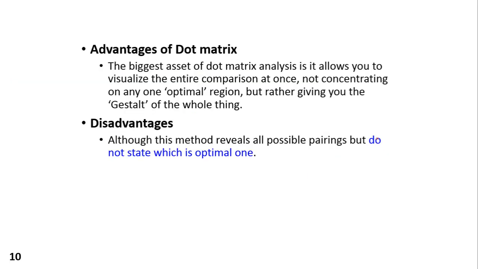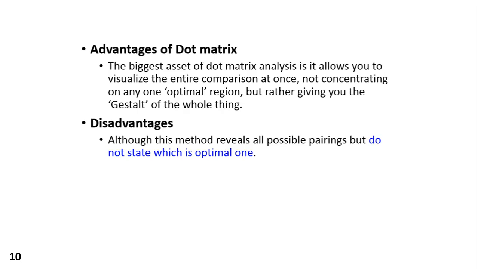This is the simple concept, and now there are pros and cons of using it. Let us talk about the advantage of such a dot matrix method for RNA secondary structure prediction. The biggest asset of such dot matrix analysis is that it would allow you to visualize the entire comparison at once.